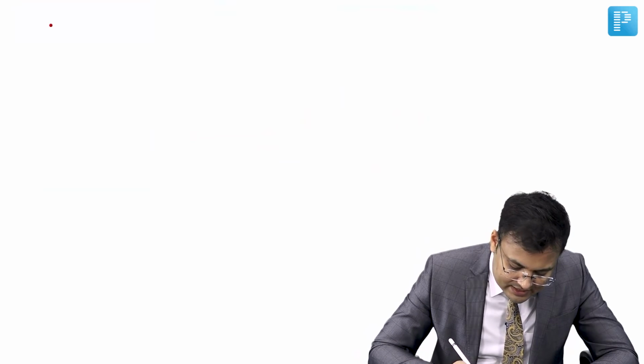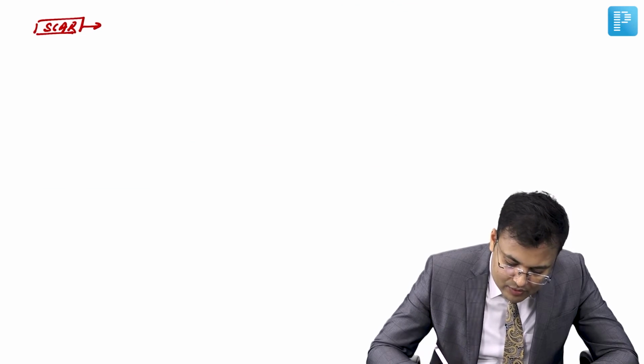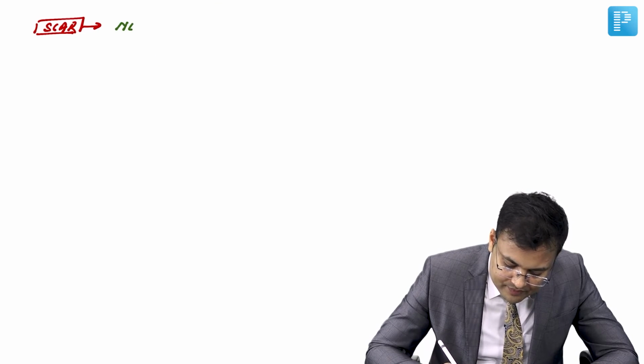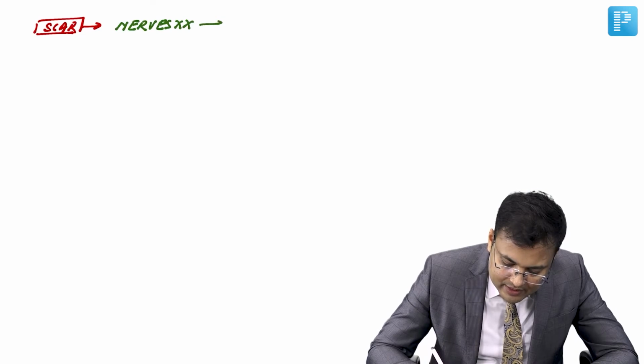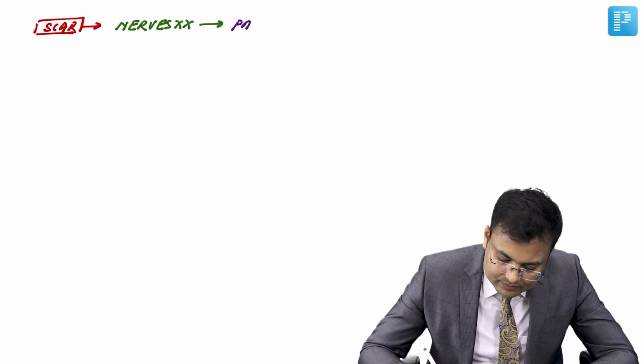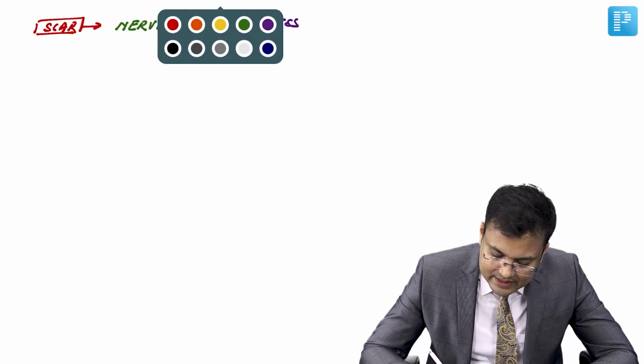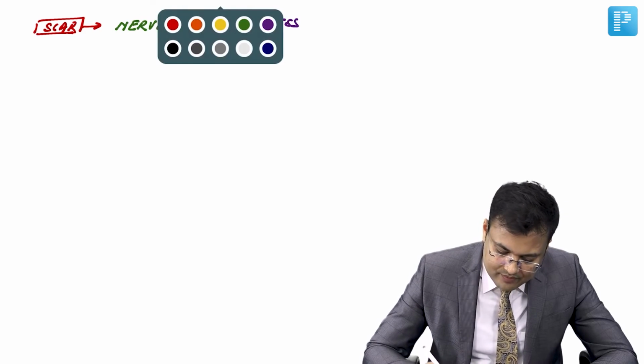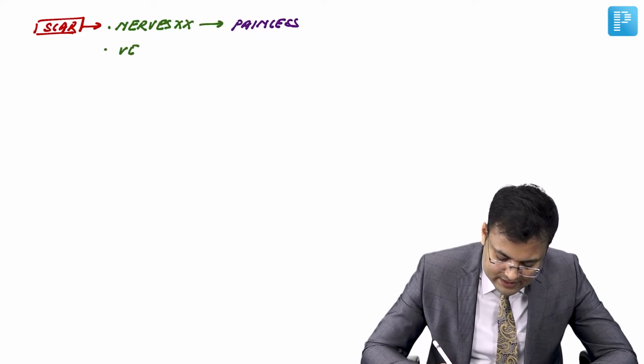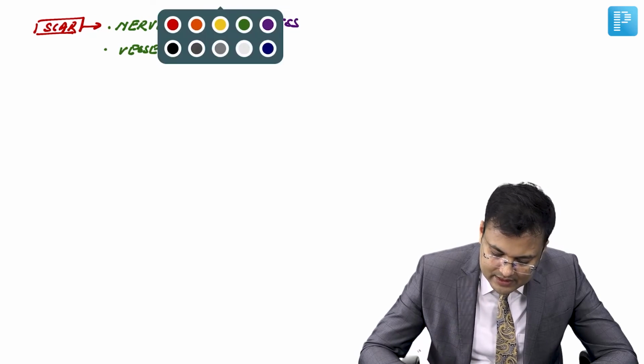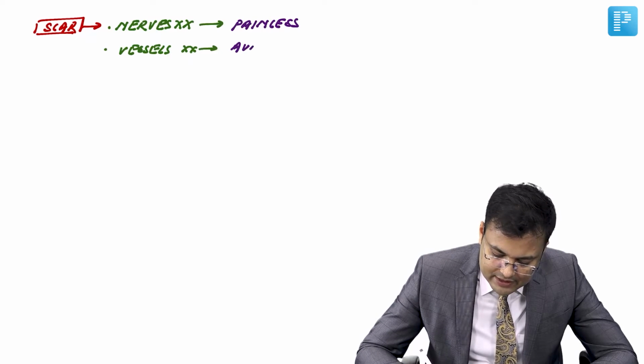See the characteristic features. Since it is arising from scar, and in the scar nerves are damaged, that's why it is a painless ulcer. Second, vessels are also destroyed in scar and that's why it is relatively avascular.